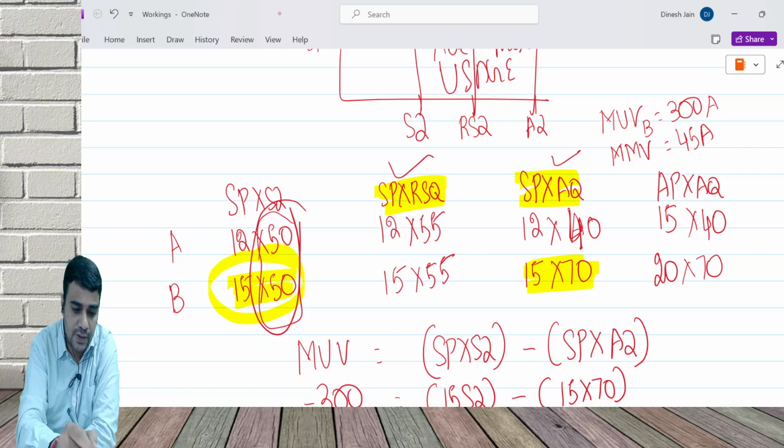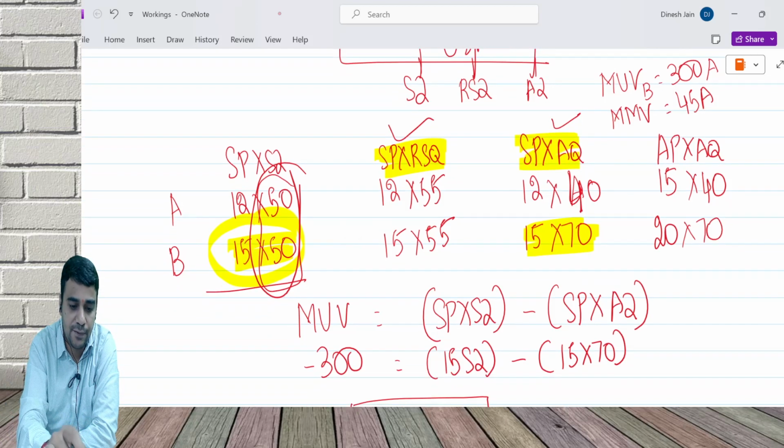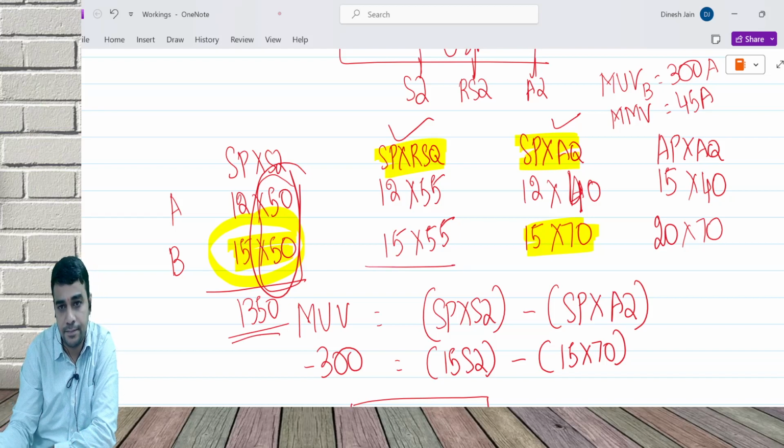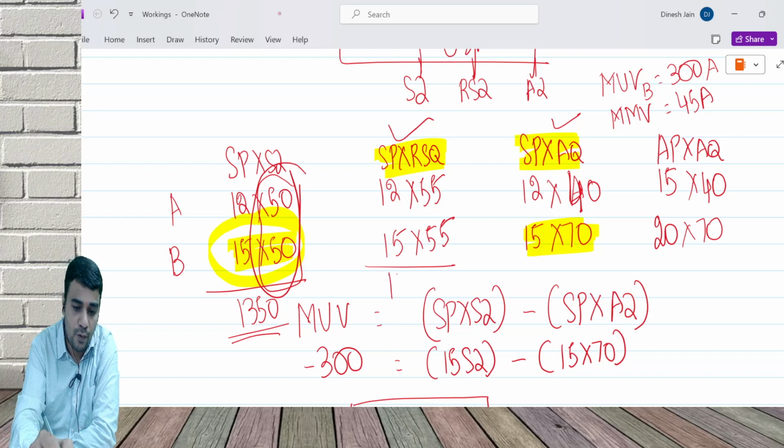Tell me the total of the first one. 12 into 50 equal to M plus 15 into 50 equal to M plus MRC. 1000. Second one. 1 4. Third one.